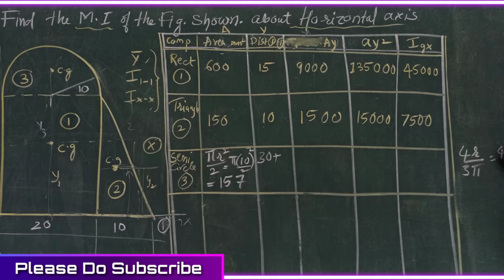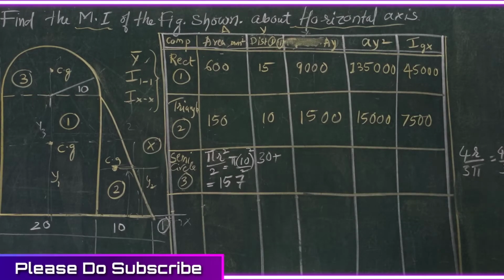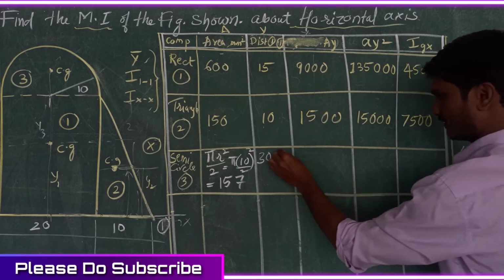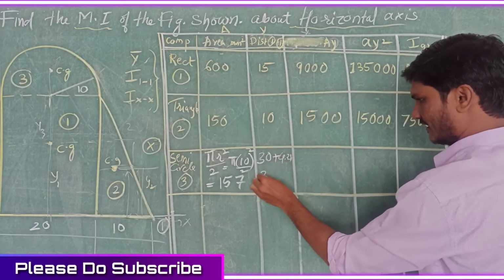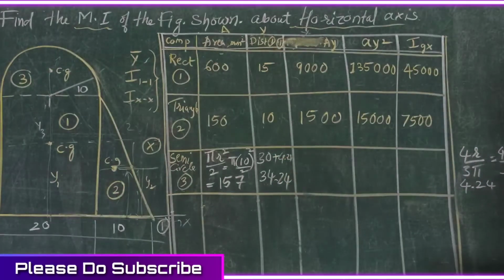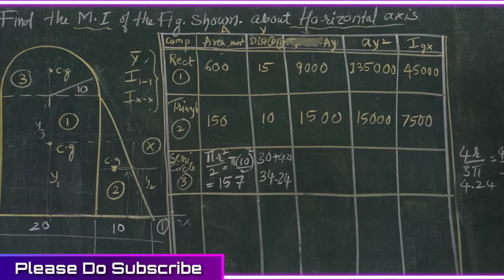Just substitute, that is 4 into 10 divided by 3 pi, and we will obtain 4.24. So 30 plus 4.24, then it will be 34.24.